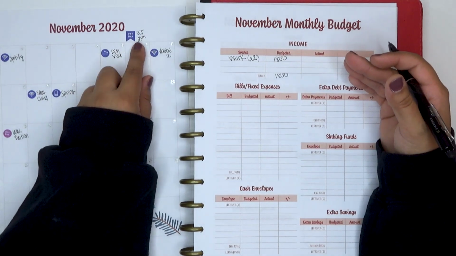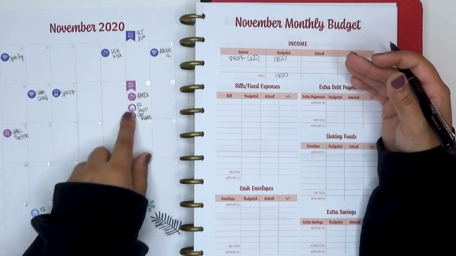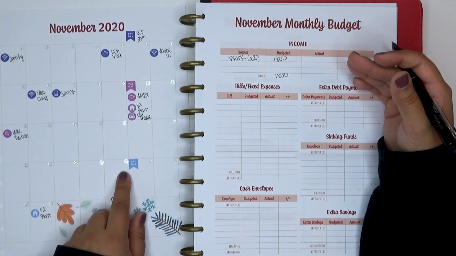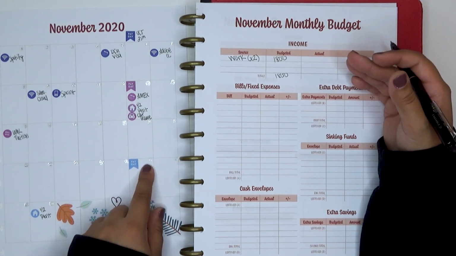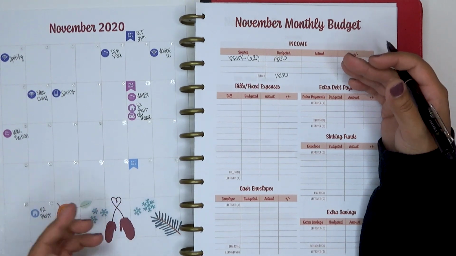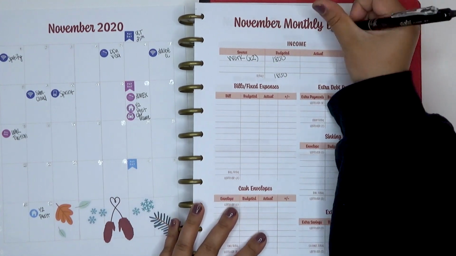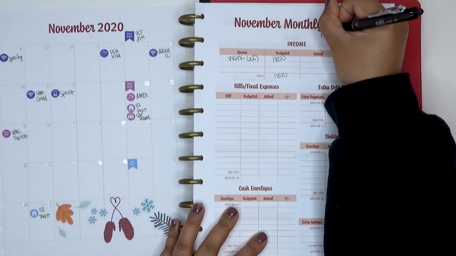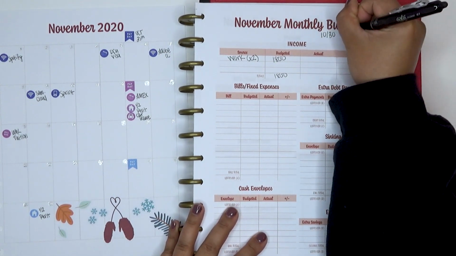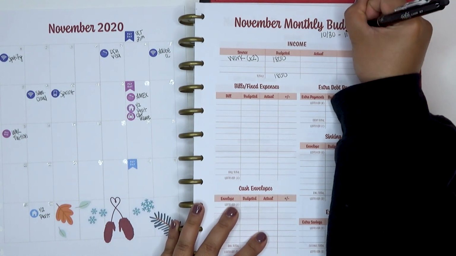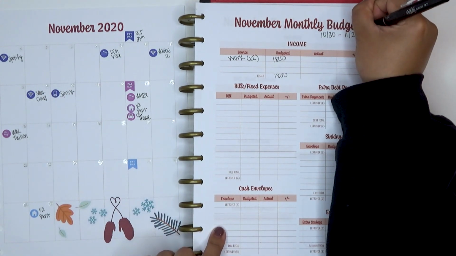Basically, my month will be starting today and ending the 26th, because I'll get paid the 27th, and this time period will be included in December. So just so I know, we're budgeting from October 30th to November 26th.